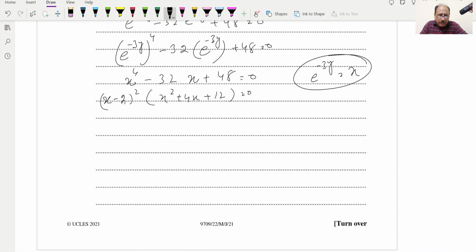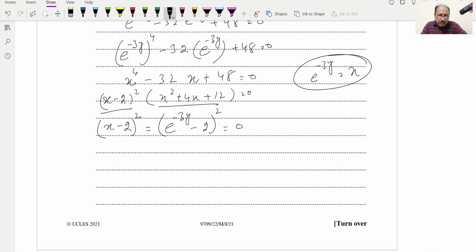And we can rewrite this one: if we take this portion, it will be (x minus 2) squared, and this means (e raised to minus 3y minus 2) squared is equal to 0, because these two factors result in 0.